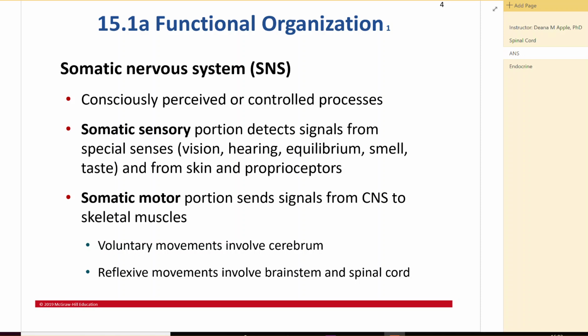If you're doing a reflexive movement in response to, what was your first example? The patellar reflex, and the baby reflexes, the Moro reflex, or the Babinski.